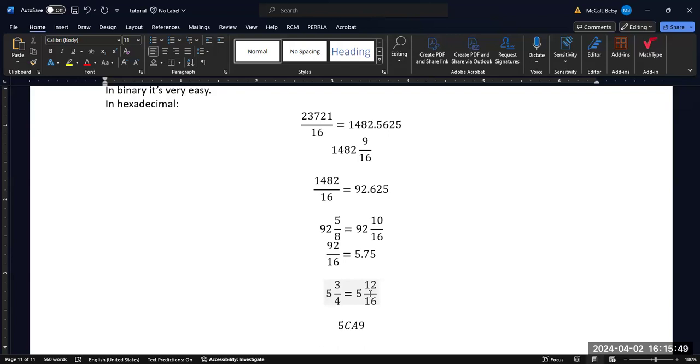There's ways to do this, but both of these processes will work in terms of converting your decimal expression into either hex or binary, hexadecimal or binary. And again, every base is basically the same thing. So if you had to convert to base 8 or something like that, the process would be very similar. You'd just be working in powers of 8s, and you would be working with fractions relative to 8.